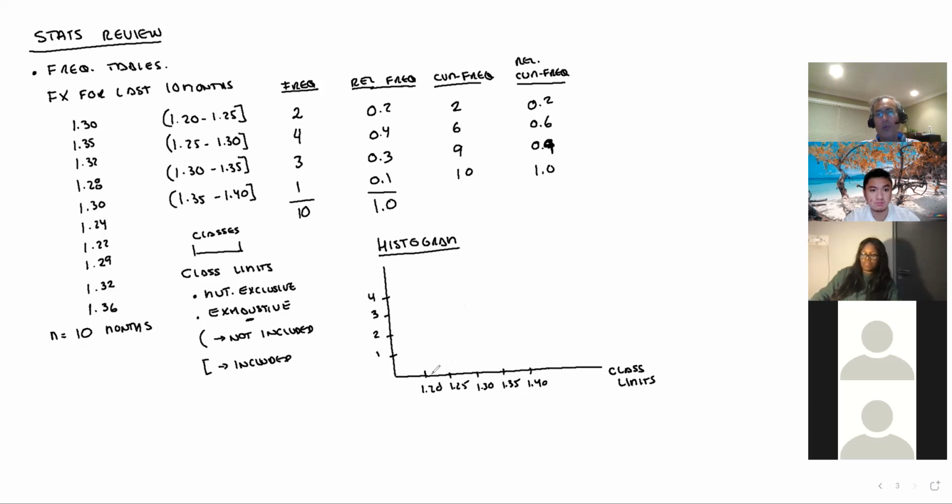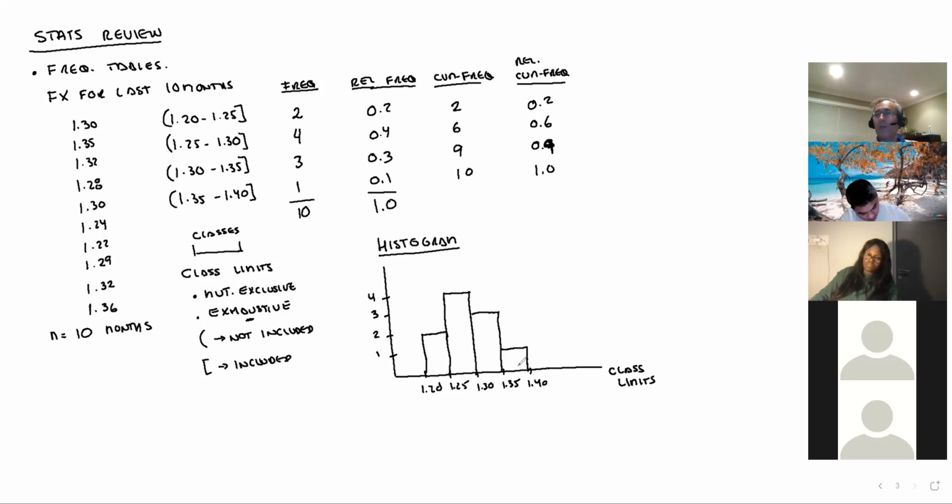So we say between 120 and 125, I have 2 observations. Between 125 and 130, we have 4 observations. Between 130 and 135, I have 3. And finally, I have 1 in this interval.